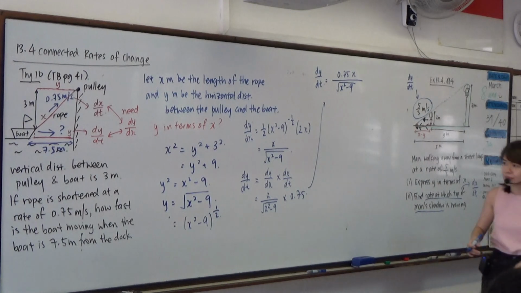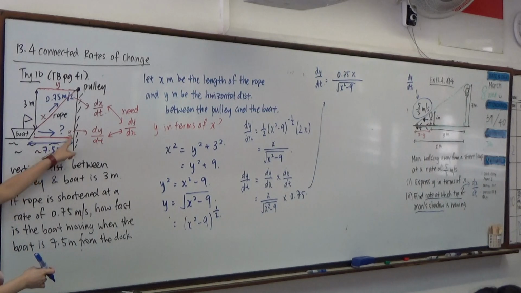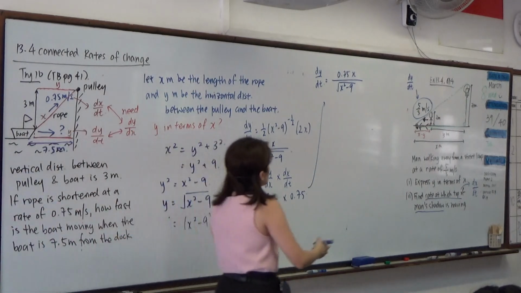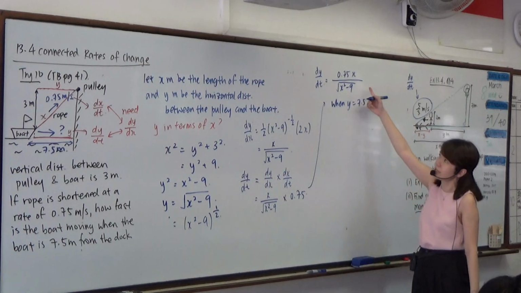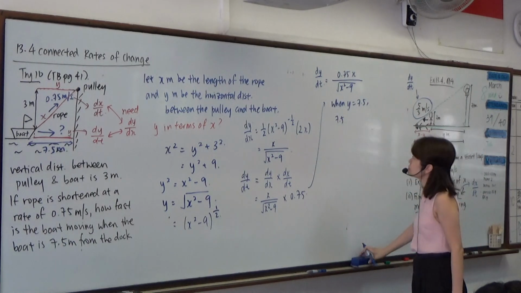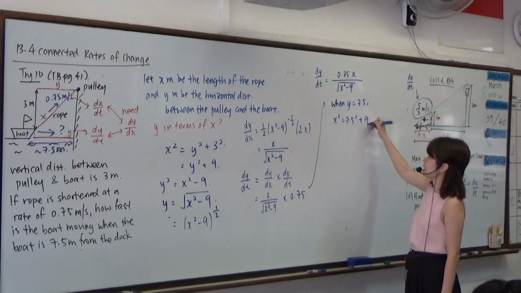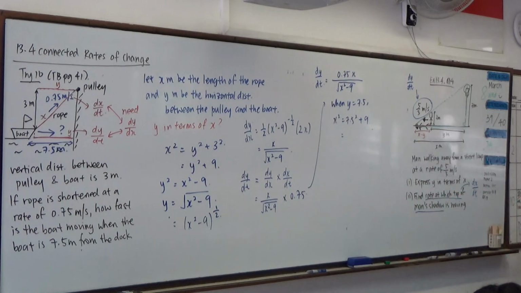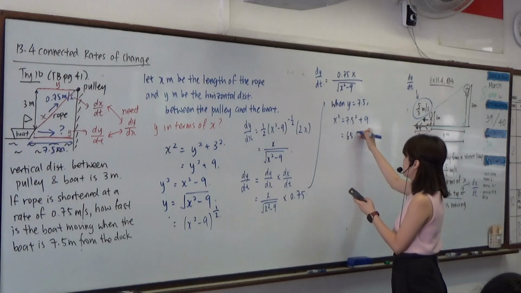The question is asking, what is dy over dt when this distance here, which is y, is 7.5 meters? So when y equals 7.5 meters, we first find x in order to substitute inside here. x squared equals 7.5 squared plus 9, which gives us 65.25.